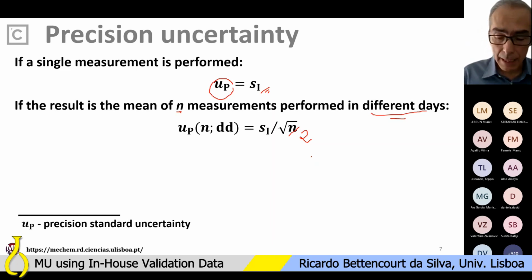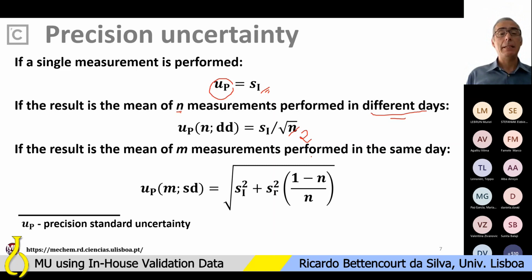But most labs do replicate analysis in the same day under repeatability conditions. And if they report the mean of m results performed in the same day, the standard uncertainty of measurement precision will be lower than if a single measurement is performed, but will not be as low as if we do it in different days.